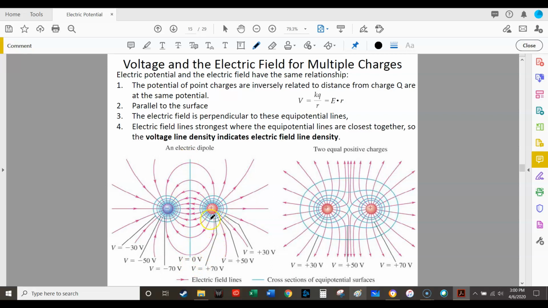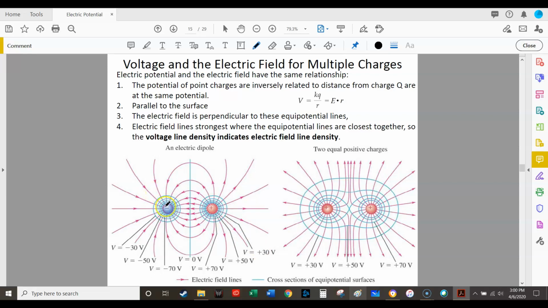So there is now going to be 0 volts in between the two objects. Notice that on the right hand side, since this is a positive, it will be positive, and then it'll drop off to 0.